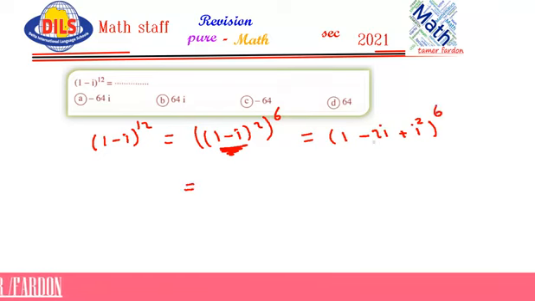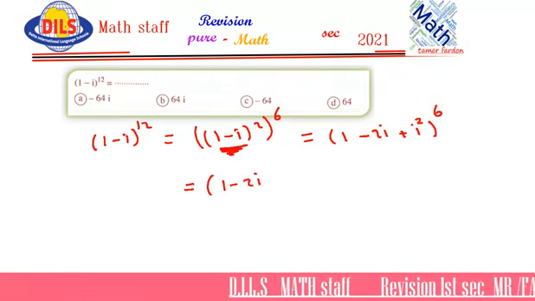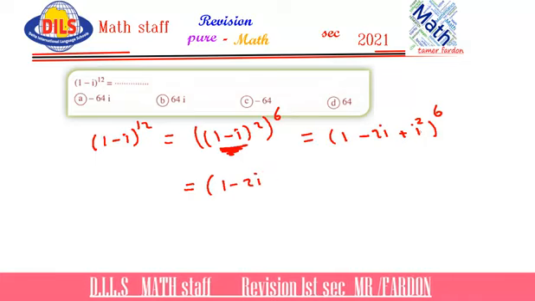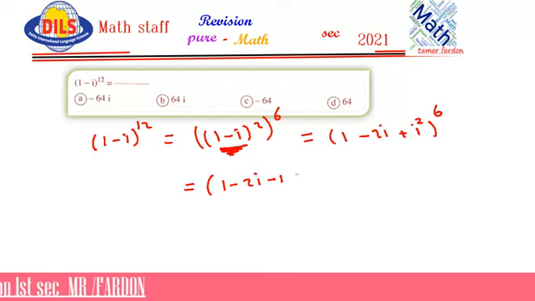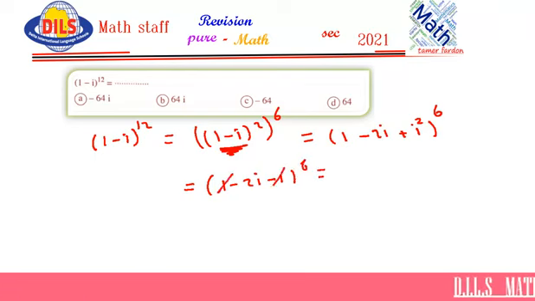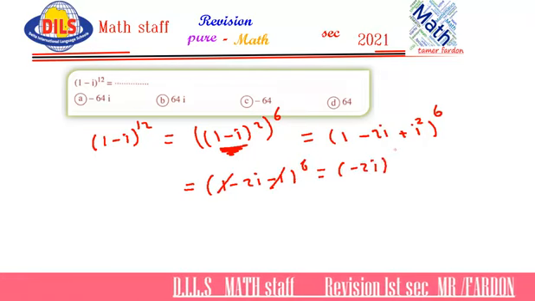Simplify what is inside the bracket, we get 1 minus 2i, and i squared equals negative 1. So cancel 1 with negative 1 to get negative 2i, all to the power 6.